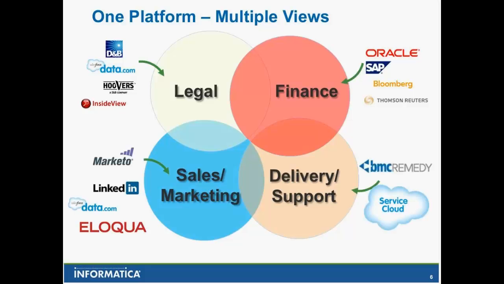And last but not least, your delivery and support will be tapping into databases or information from applications like Remedy or Service Cloud. And they'll want to visualize where a product is located or where they need to service that customer in particular. So each one of these business units will have a different view and have a different way that they're tracking information on the customer.